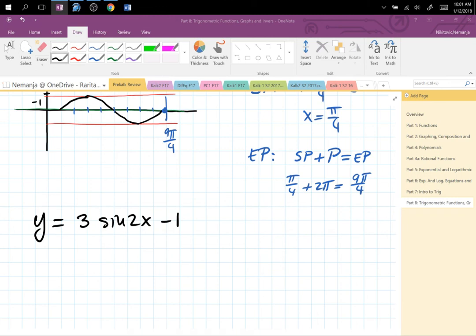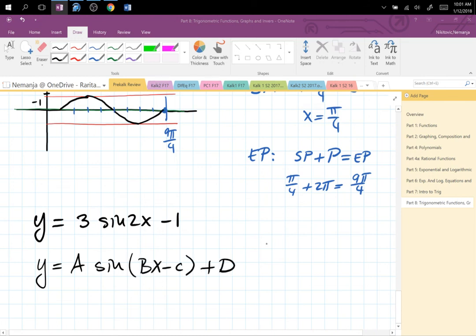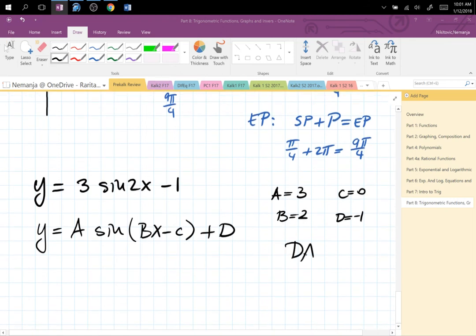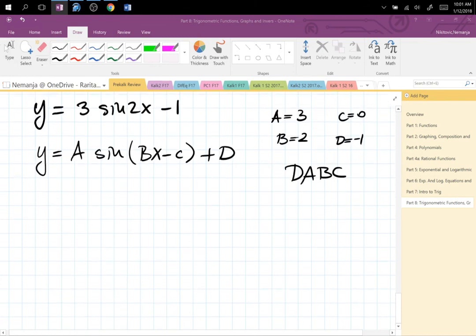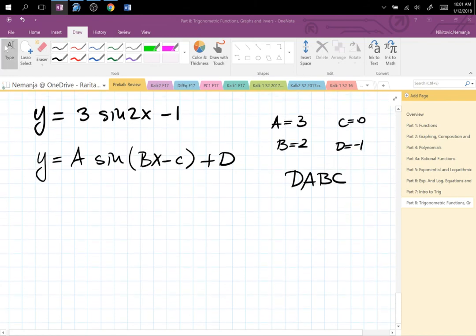We go and talk about our comparison to the standard formula. We see that A is equal to 3, B is equal to 2, C is 0, and D is -1. And when I write DifEq is the order in which I'm going to use these letters.